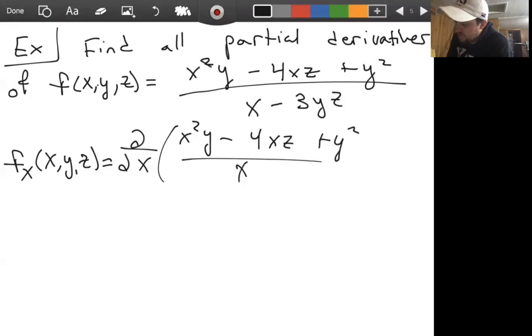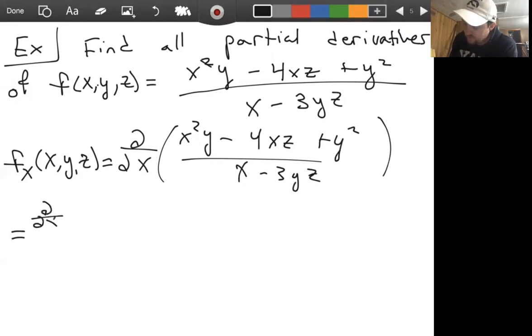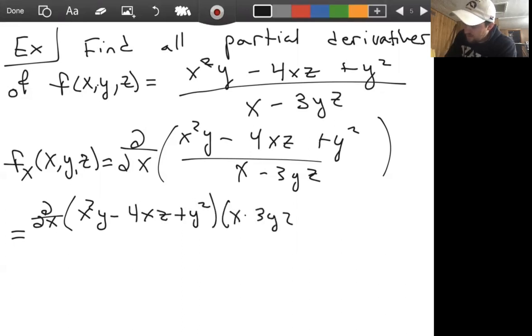And this is a quotient of two multivariable functions. And since we understand that we can take the derivative with respect to x by holding y and z constant, this means we have to use the quotient rule, right? But this is with respect to the variable x. So if we do this, we'll get the derivative of the top over the bottom. Let's just write this out first. d/dx of (x squared y minus 4xz plus y squared) times the bottom, x minus 3yz, right?